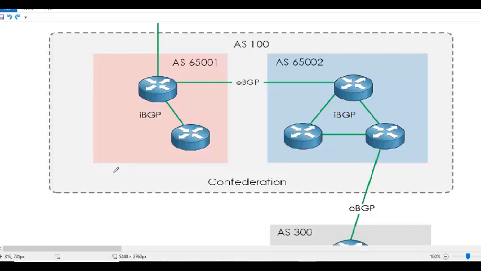How? You see, the original autonomous system is 100, but according to this router, even though it belongs to primary autonomous system 100, it also belongs to this sub-autonomous system. This sub-autonomous system number and this sub-autonomous system number are not the same.